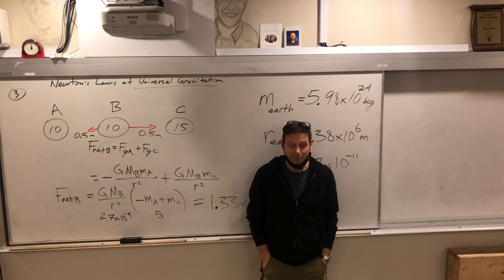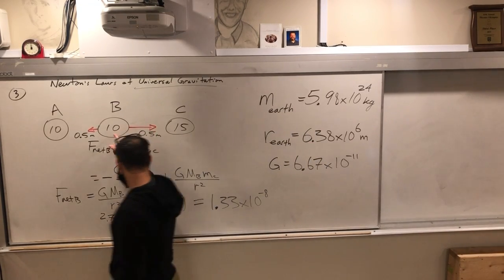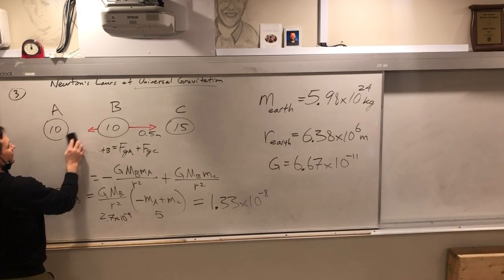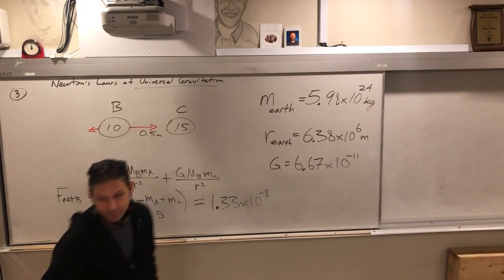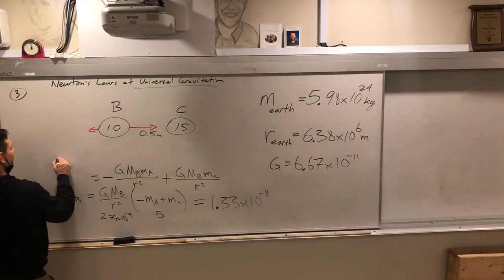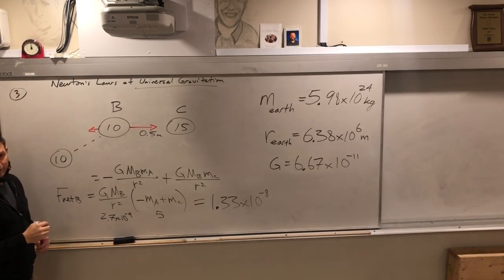If I was really mean, I would put angles in this. So you would say, okay, you have a mass in the middle, but now this mass is not here. I would say, oh, you have a 10 kilogram mass that's 30 degrees down.